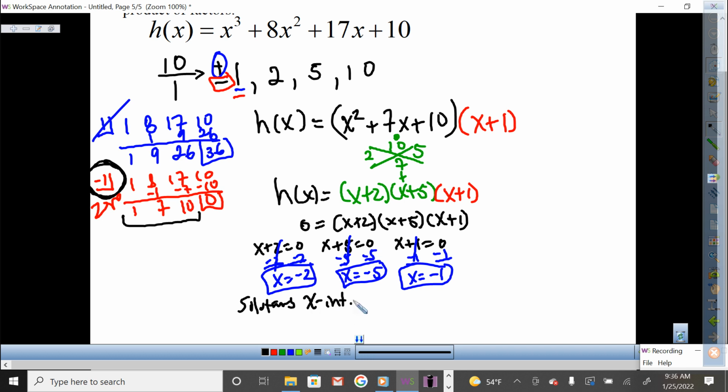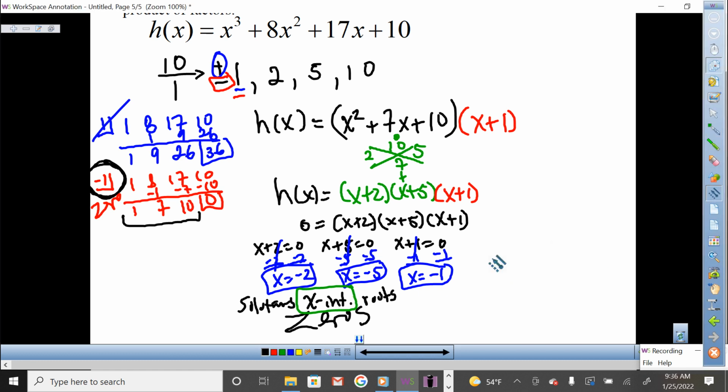X-intercepts, okay. They're also called roots. And yesterday we used what? Zeros, okay. So pay attention because now we're going to need this term right here, x-intercepts, because we need to graph this. So on the side I want you to create a little coordinate plane. We're going to graph a polynomial function.